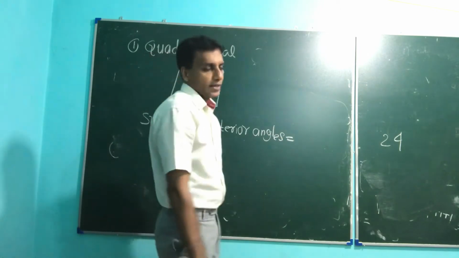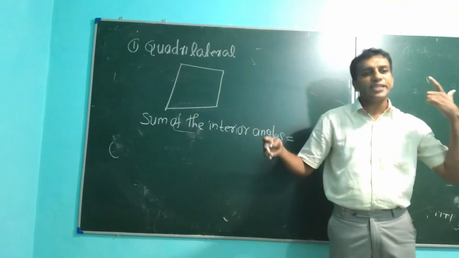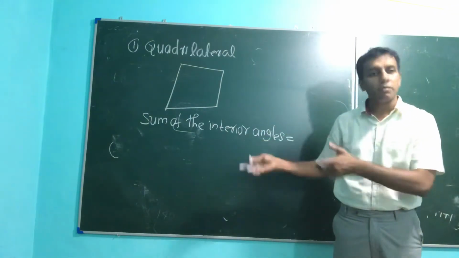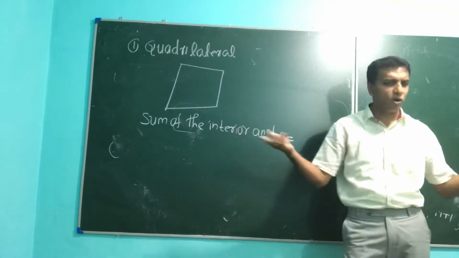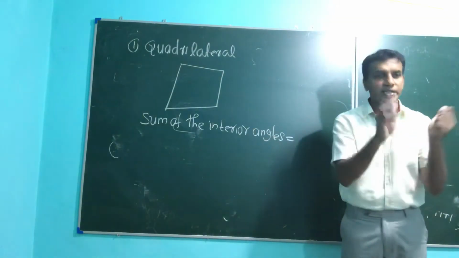See another method. In a quadrilateral, you can use it hereafter, whichever is easy in your view. Is it method 1 or method 2? To me, all are the same. You select whichever is easy, right?